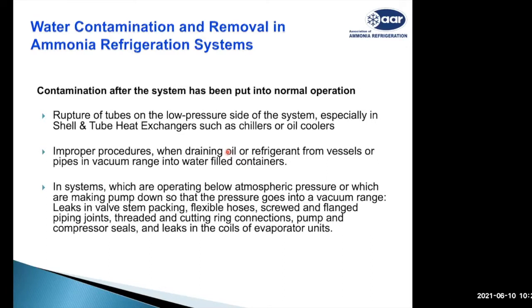Another way is when you are charging those ammonia cylinders into the plant. Many times the pressure inside the cylinder is higher than the pressure in the system, so when cylinders are connected to the system, ammonia goes from high pressure to low pressure. Then the operator wants to make sure that all the ammonia from the cylinder is transferred, so he tilts the ammonia cylinder by 180 degrees.